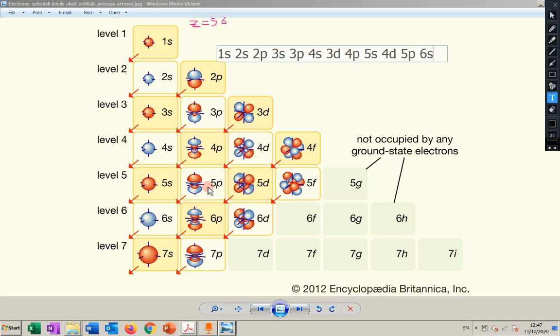We were expecting it to finish at 6s, but let me write it for f as well. Now we start counting electrons: 2, with the 6 became 10, then 2, 20, and 10 for here became 30.